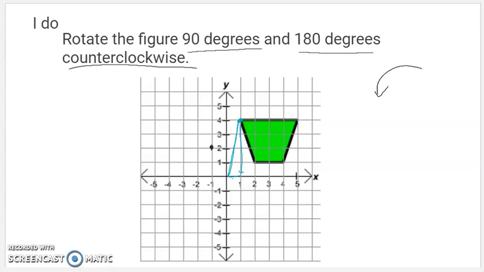So when I get over here, I'm going to do the opposite of that. I'm still going to do 1 and 4. I just have to make myself a 90-degree angle. It's going to look kind of like that. So instead of going 4 this way and 1 this way, the 90-degree angle is going to be made by going 4 this way and 1 this way.